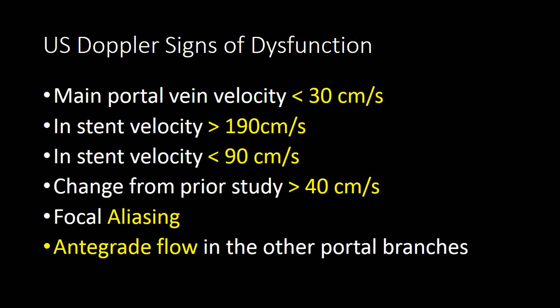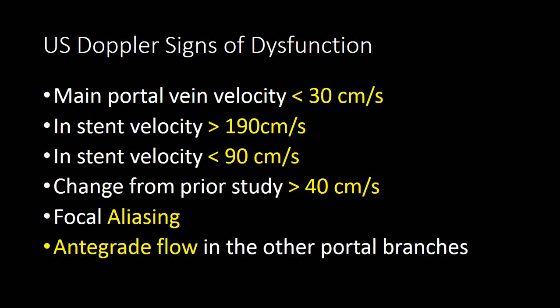A final factor that we can look for is a change from the prior study. So say someone had a prior study in which blood flow within the stent was from 150 to 180 centimeters per second. They come back in for another study, and we now see blood flow within the stent ranging between 90 centimeters per second and 120 centimeters per second.